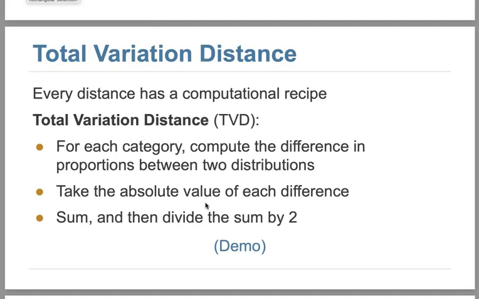So we take the absolute value of each difference. Then we add them together and divide by 2. You don't need to think too much about dividing by 2. Even with 5 categories, we just divide by 2. From the statistical point of view, it just makes the difference a little smaller, but it doesn't mean that dividing by 2 has a real meaning there.